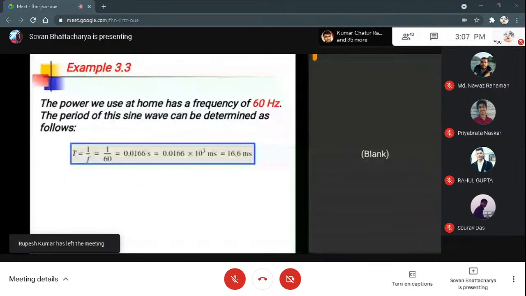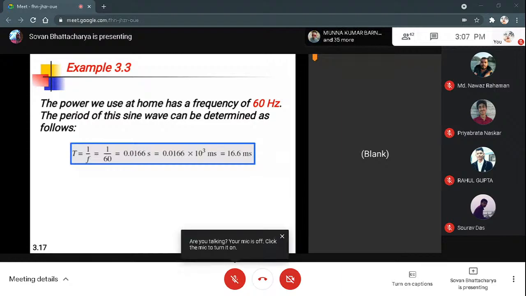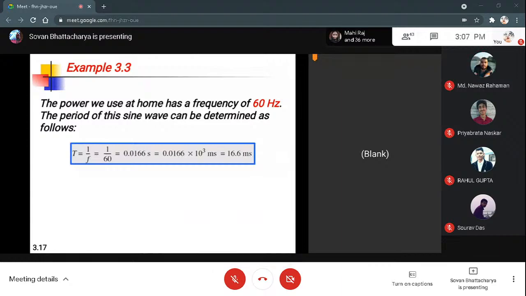Now this is a problem. The power at home has a frequency of 60 hertz.